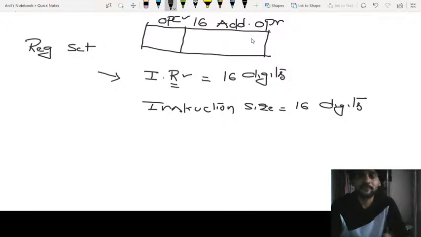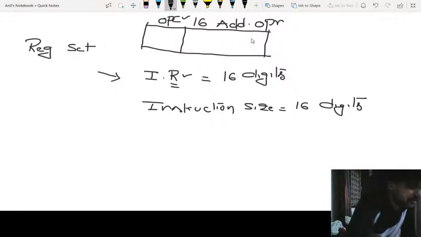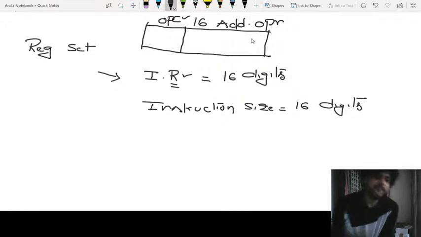Let us understand. You know that if you want to execute an instruction, we do require an opcode. Yes or no? Kirti, do you know that we do require an opcode for executing any instruction?